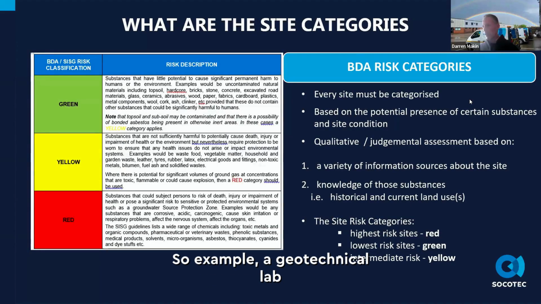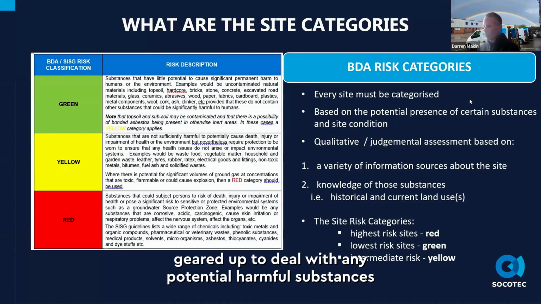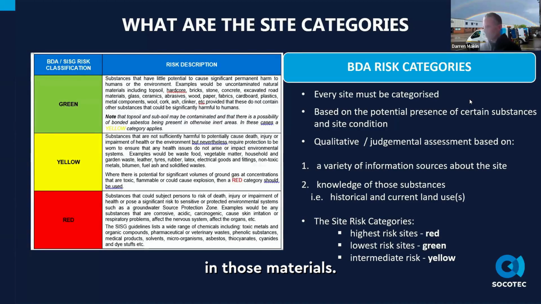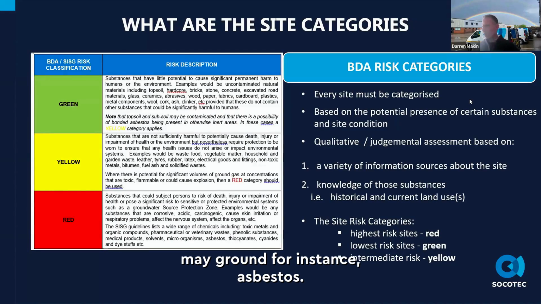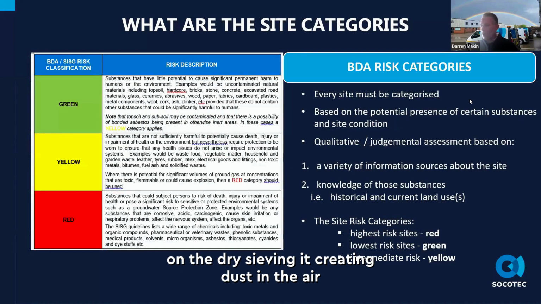For example, a geotechnical lab where there's no protection, unless it's a specific red lab geared up to deal with any potentially harmful substance in those materials. It could be dry sieving made ground, for instance, with asbestos. If it wasn't identified as a risk to them, they could be unaware of asbestos fibres in the soil, and dry sieving it, creating dust in the air, they could be breathing that in.